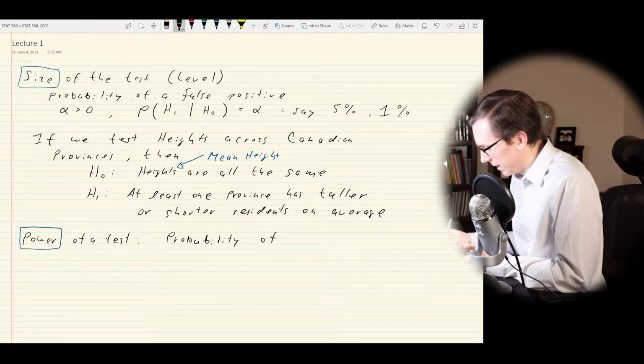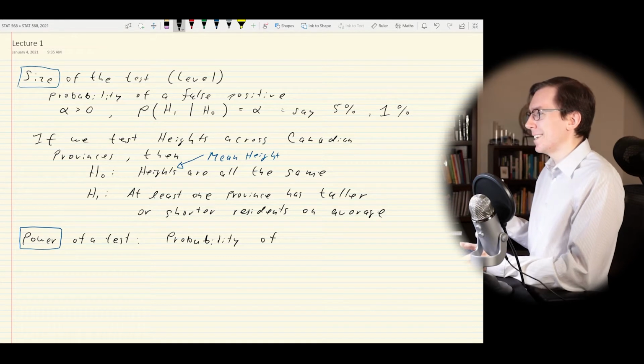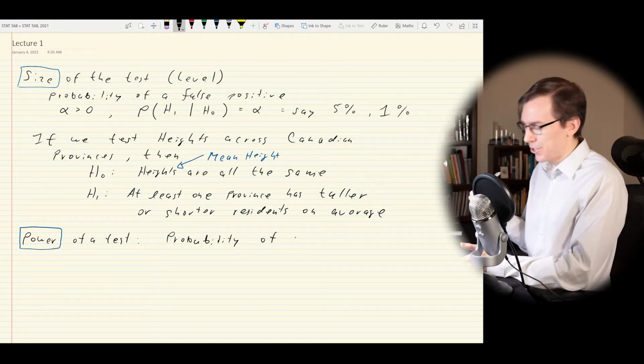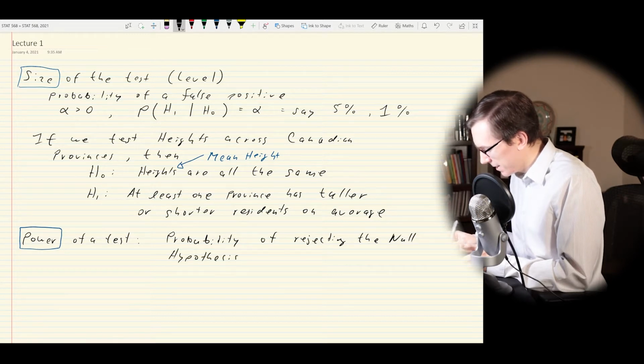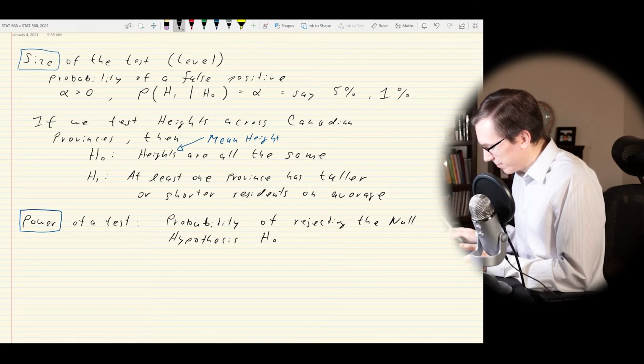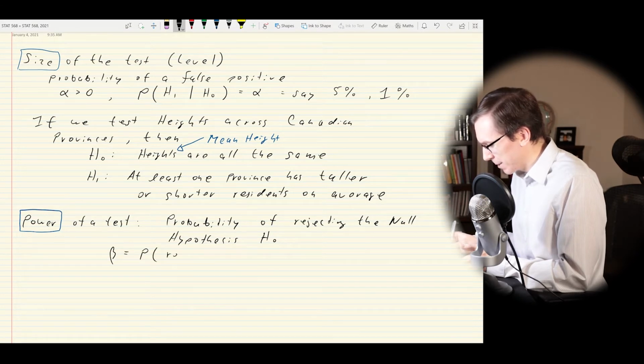Actually, what I guess I should say is it's the probability of rejecting the null, to be precise. The null hypothesis being our H0. So typically, power often is denoted by beta, the Greek letter, and it would be something like the probability that we reject H0.